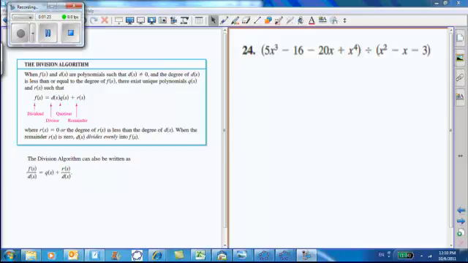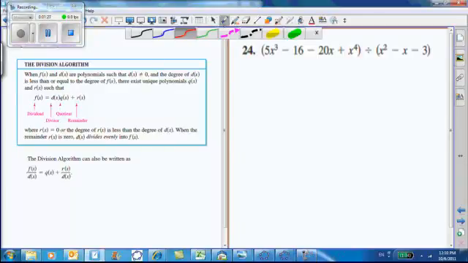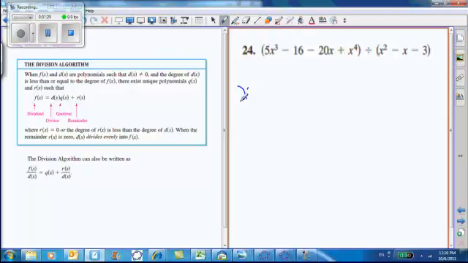We're going to put x squared minus x minus 3 on the left, and then divide by this. I'm going to put these in order, with the highest degree term first, x to the 4th plus 5x cubed.